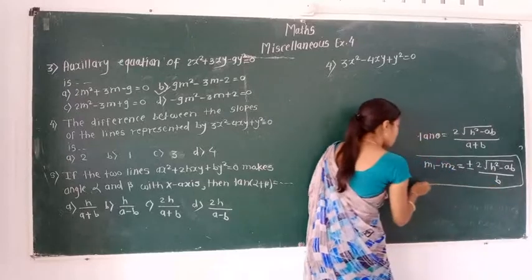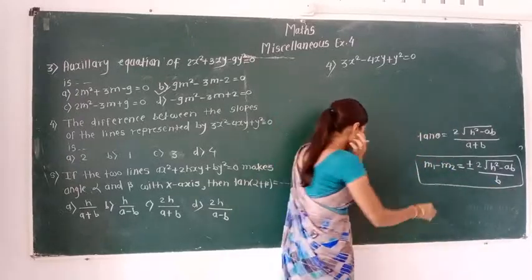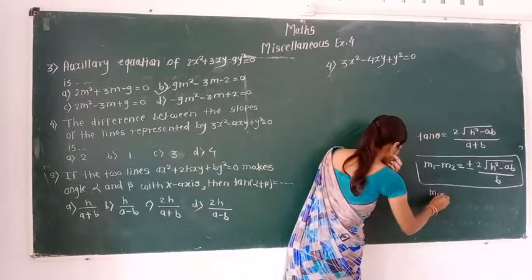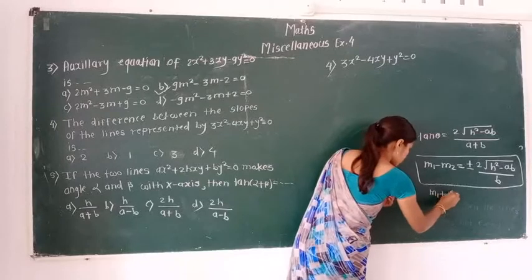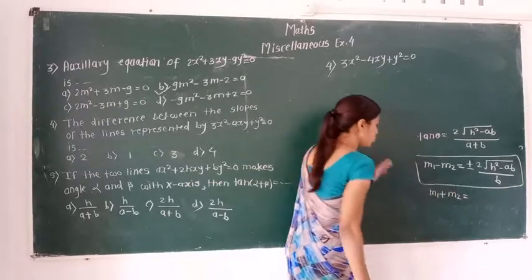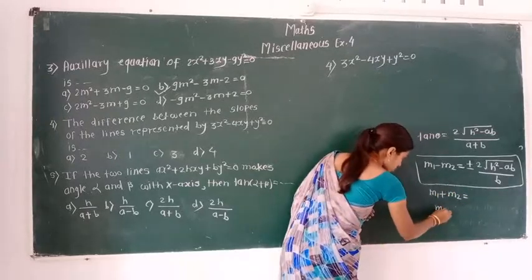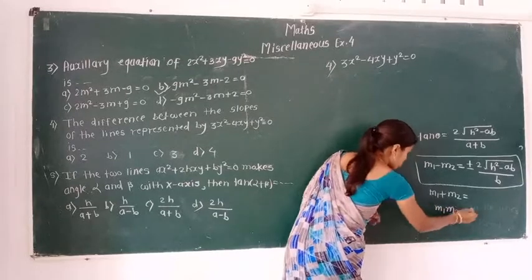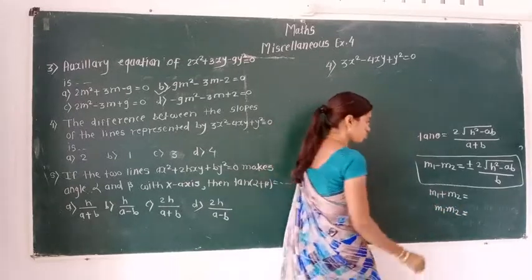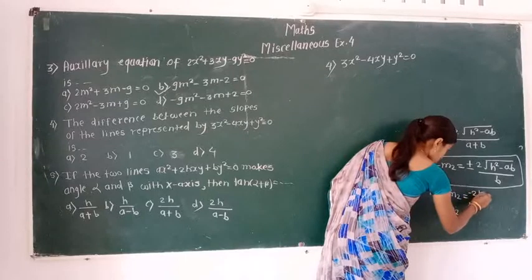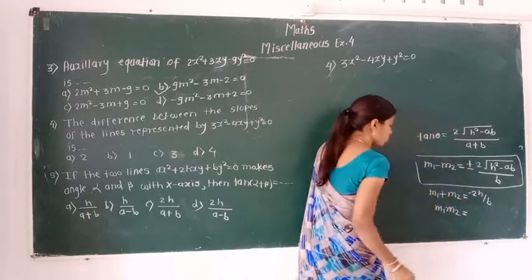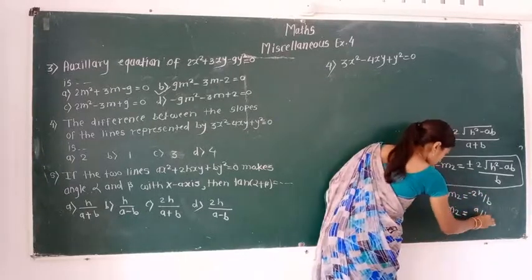We know that the sum of slopes is m1 plus m2, and the product of slopes is m1 into m2. Sum of slopes is minus 2h by b, and product of slopes is a by b.